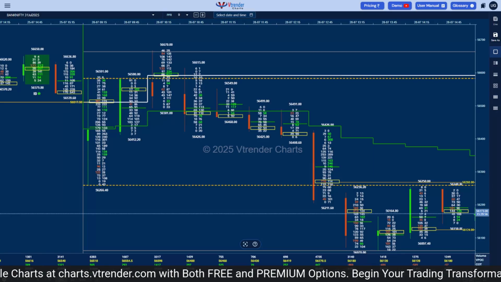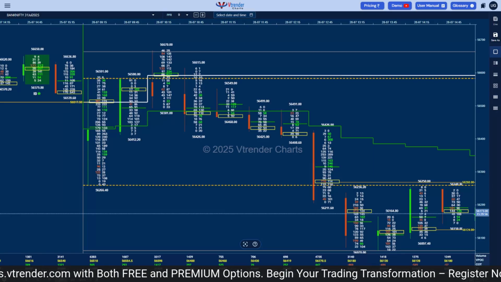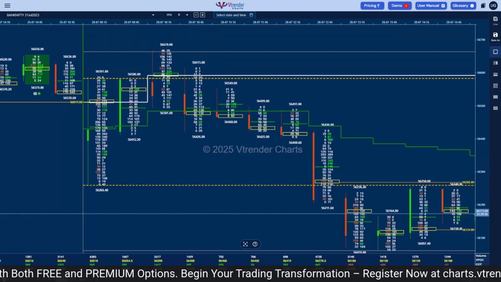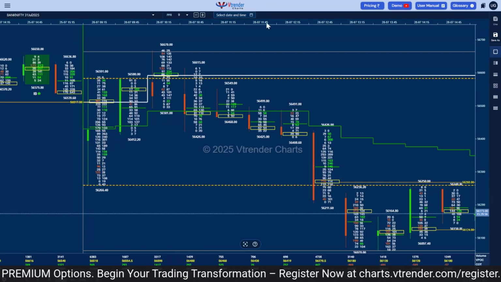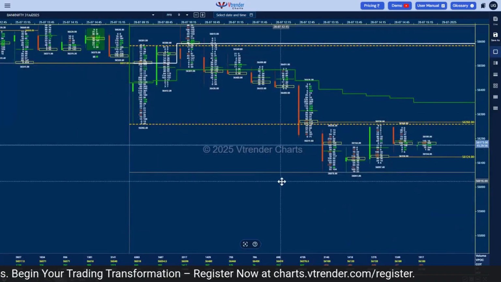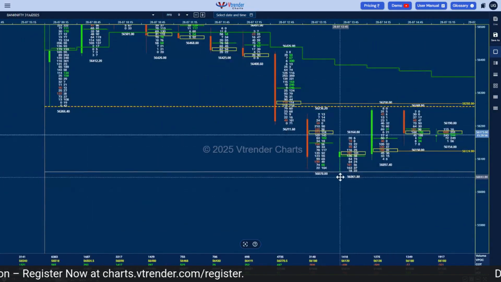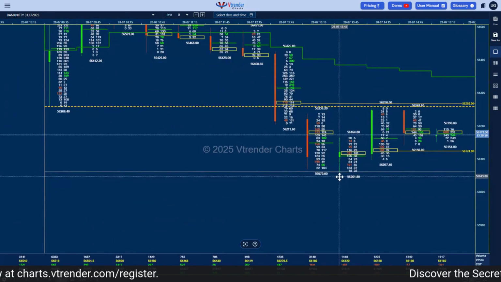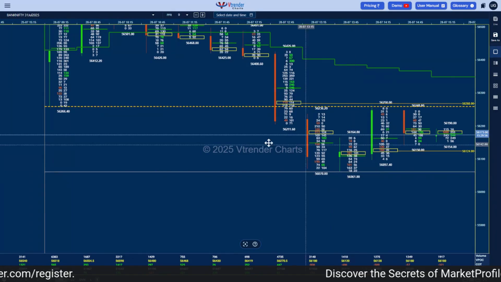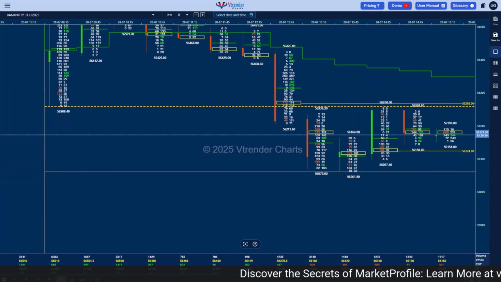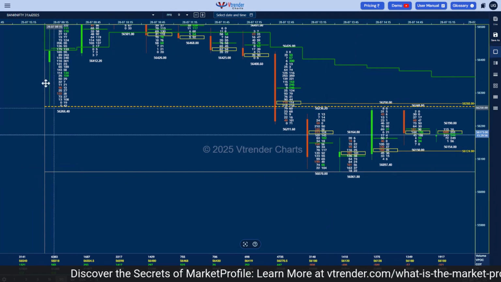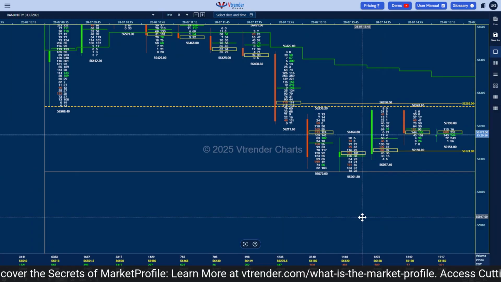We broke below the 56200 reference also of the monthly VWAP, and then we have gone on to just fall short of that HVN of 56050. So that 56050 would be our reference for tomorrow. If we come below that and sustain, then we are looking for more downside in the coming sessions.